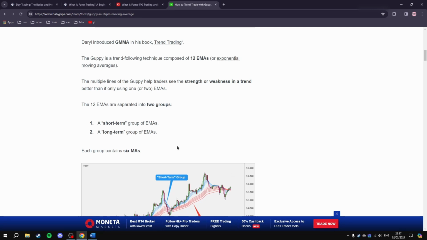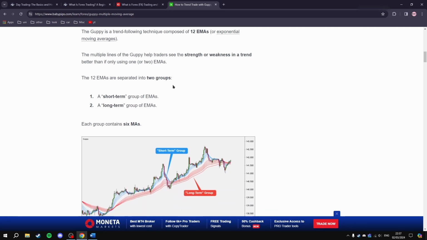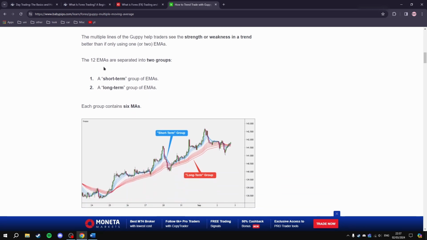The multiple lines of the Guppy help traders to see the strength and weakness in a trend better than if only using one or two exponential moving averages. The 12 exponential moving averages are separated into two groups: a short-term group of exponential moving averages and a long-term group of exponential moving averages.